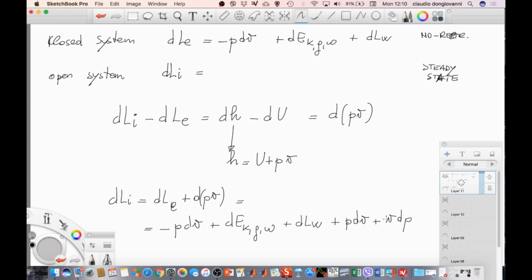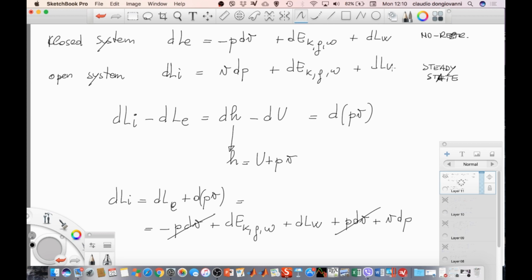These two terms will be simplified, and you have another relationship: V dP plus d Ek G omega plus the LW.